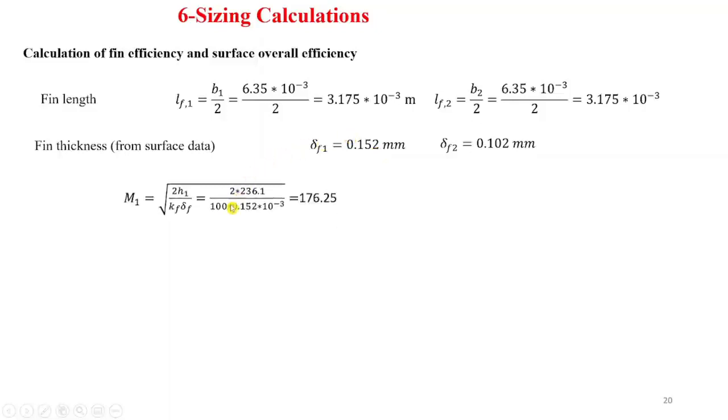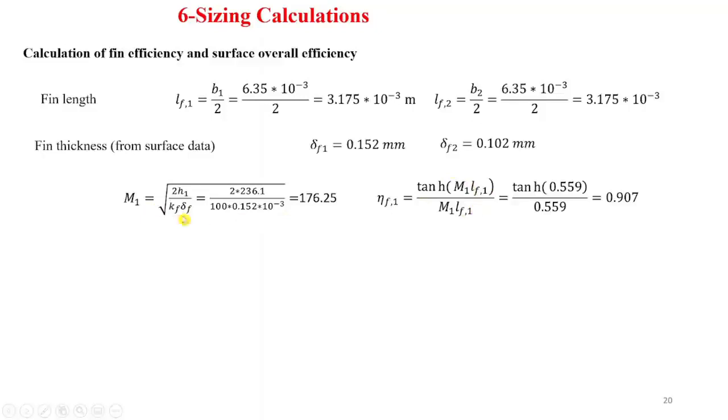We are assuming a straight fin of fixed cross-section, so we can use the expression that we all know, that the efficiency of the fin is going to be tanh(M1 L1) divided by M1 L1, where L is the length of the fin.